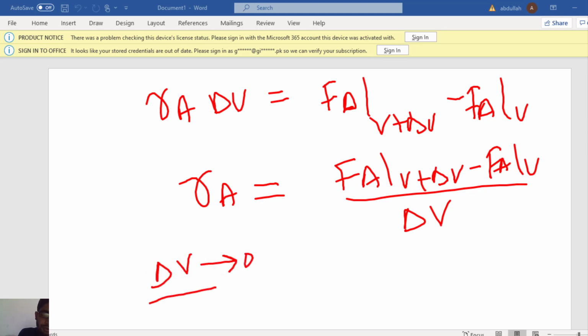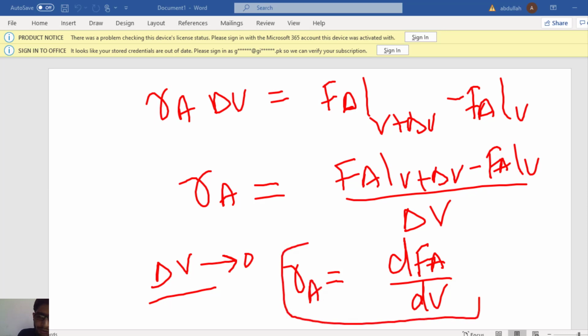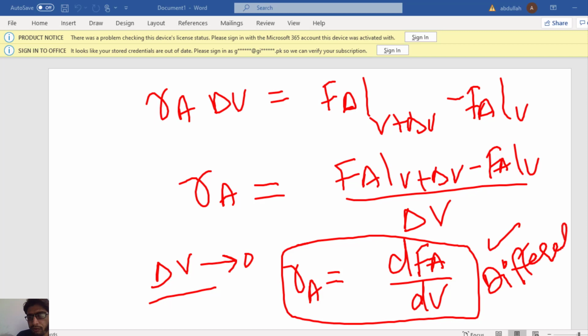At very small volume, this relation becomes dFA divided by dV, which is the differential form, and which is nothing but the rate of A in the small volume. So this is the differential form for the plug flow reactor.